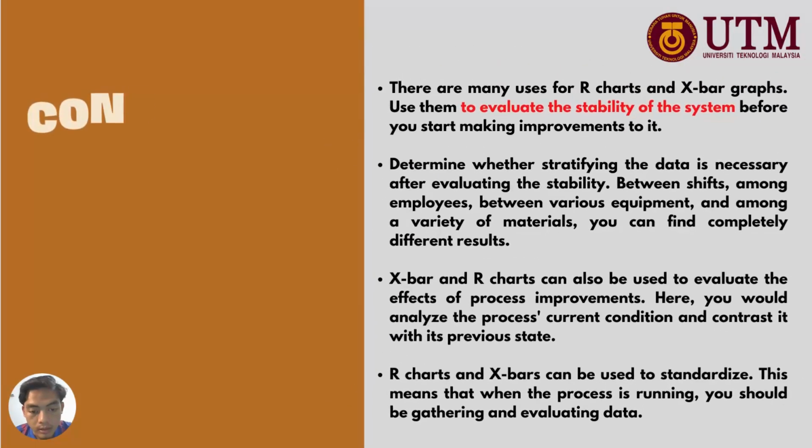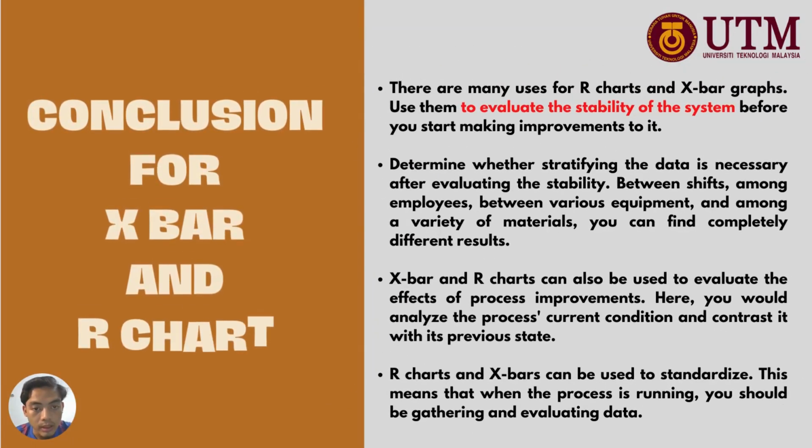So the conclusion: there are many uses for the R chart and S bar graph. Use them to evaluate the stability of the system before you start making improvements to it. This is the main S bar and R chart function.